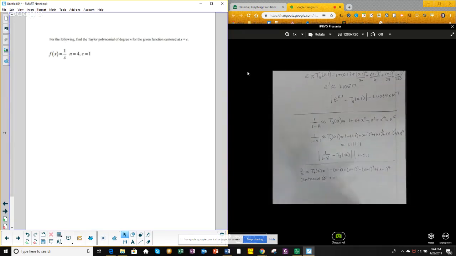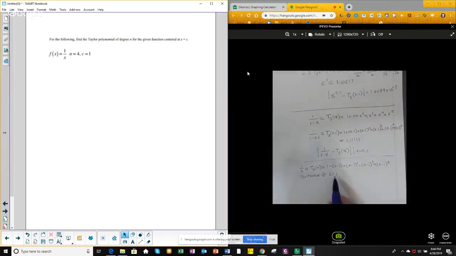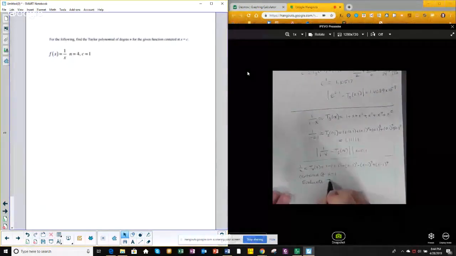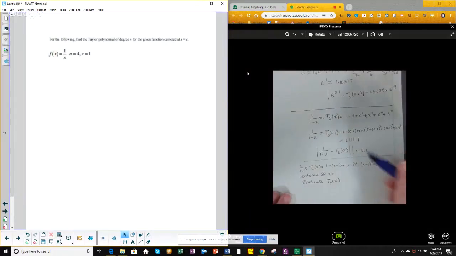Now, let's say I wanted to approximate 1 over x at a point or a location that was close to 1. Let's say we want to evaluate the fourth degree Taylor polynomial. I don't know, let's get a little bit further away than 0.1.